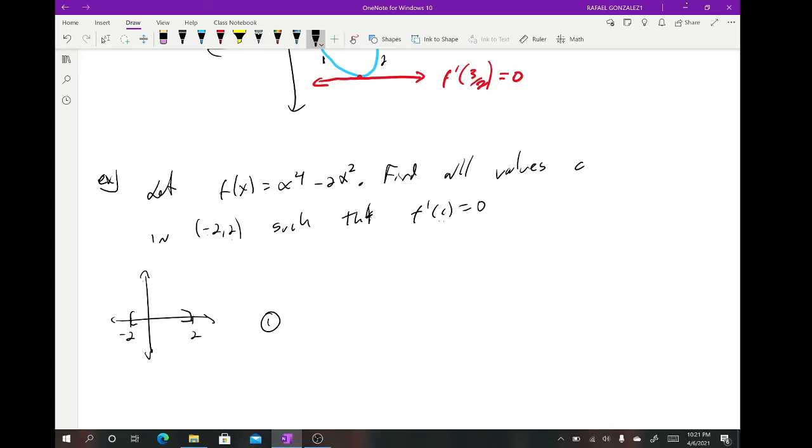So the hypothesis of the theorem says that if f of x is continuous and differentiable and the endpoints are equal, then we are guaranteed to have at least one value on this interval for which, when we evaluate it in the derivative, we're going to get 0 as our answer. Now, f of x is a polynomial of degree 4.